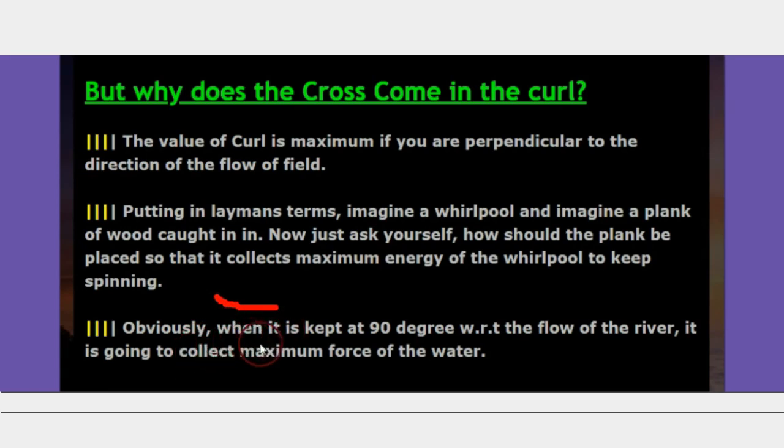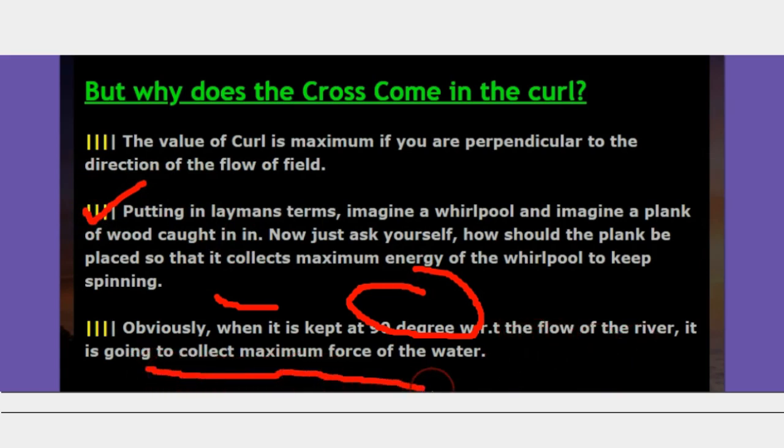So obviously for 90 degrees, like in this example of the flow of a river, it is going to collect maximum force of water.